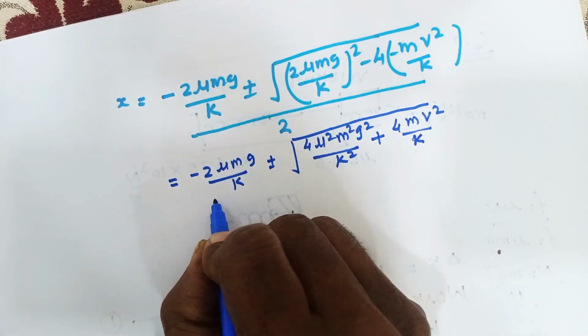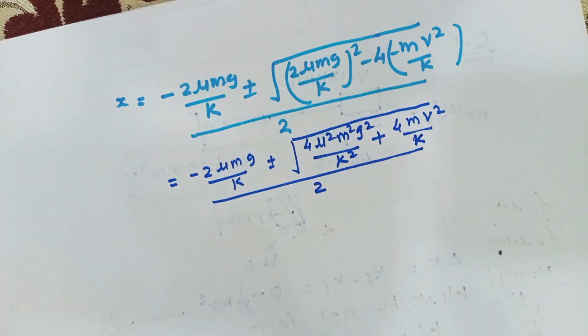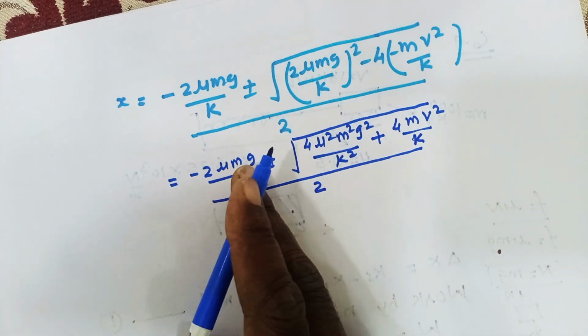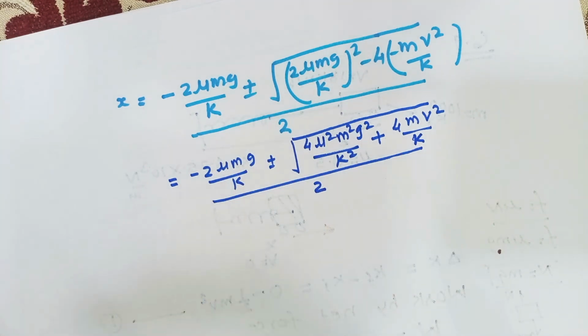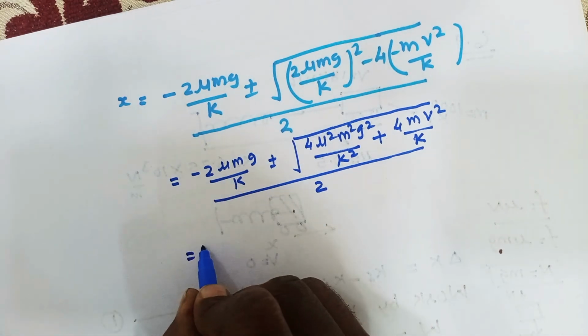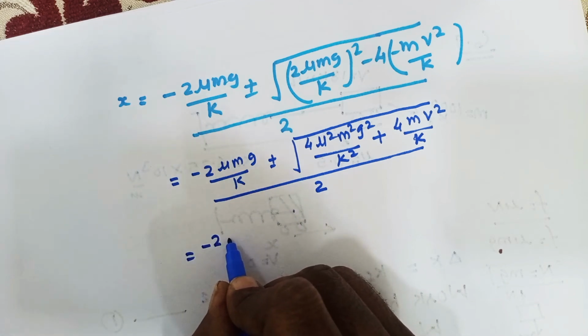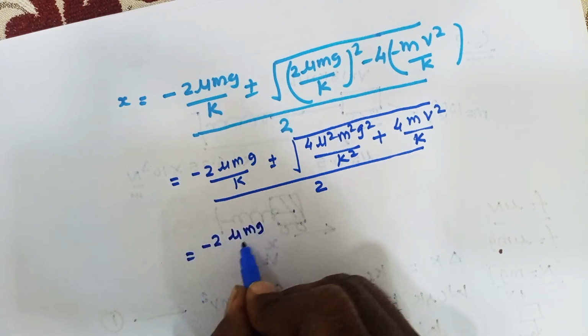Now upon 2a, you can put the value of k, mu, m in everything, so you will get xn. But before putting the value, we can simplify it. So it will become, see here, minus 2, and here we have mu mg by k.